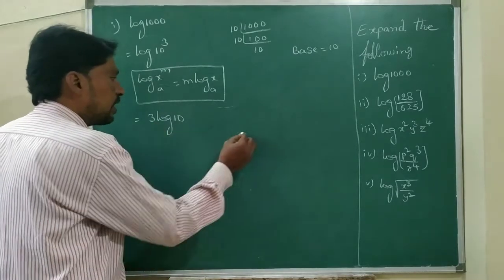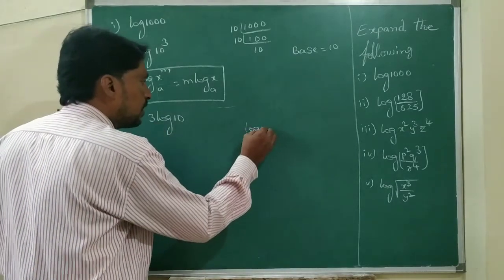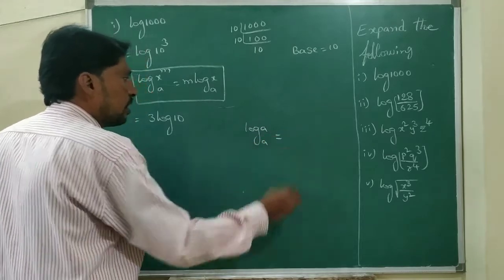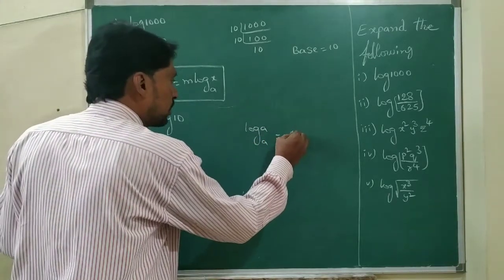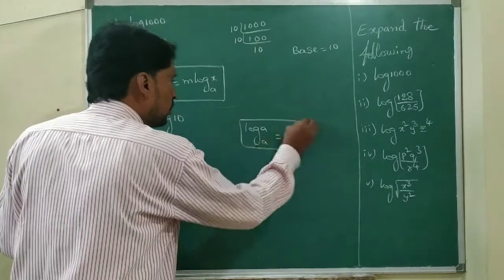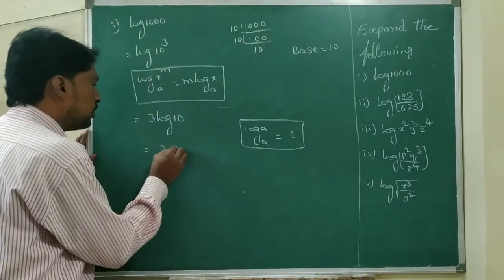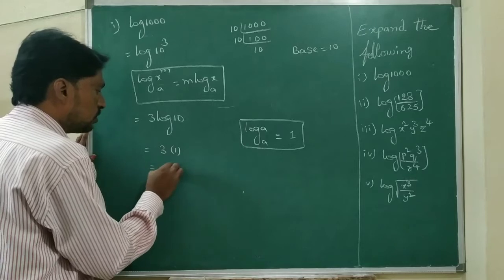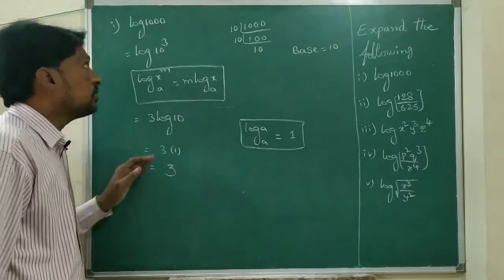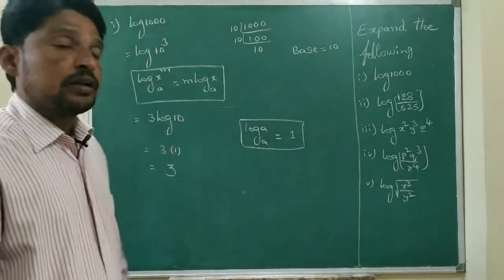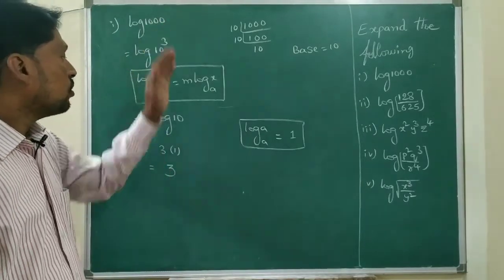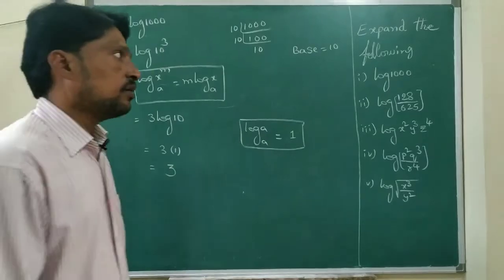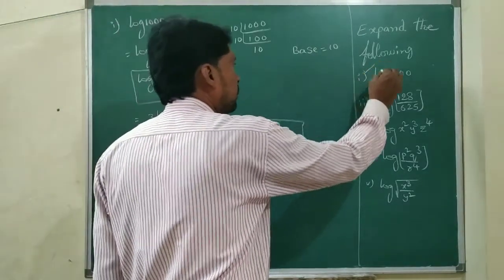Log a to the base a, we know the value is 1, so 3 into 1 equals 3. So log 1000 equals 3. The first one is completed.